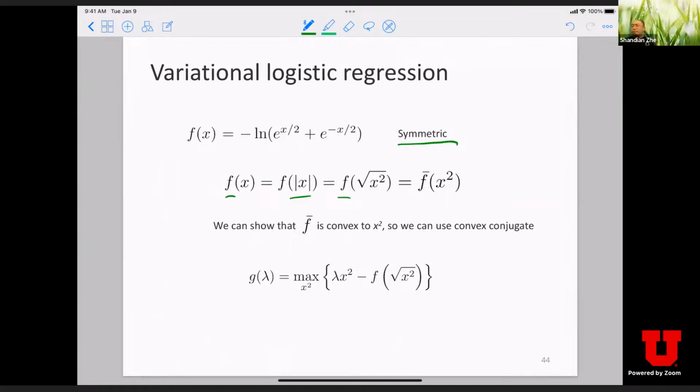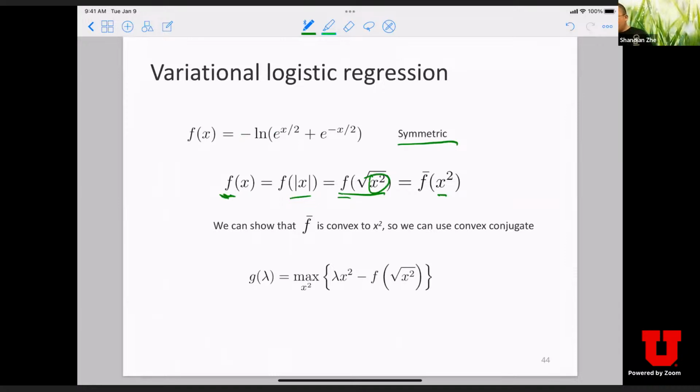So why would we take this view? Because then we can view f as a function of x squared only. To avoid notation confusion, this new function can be viewed as f bar. So I can view f of x as another function of x squared.